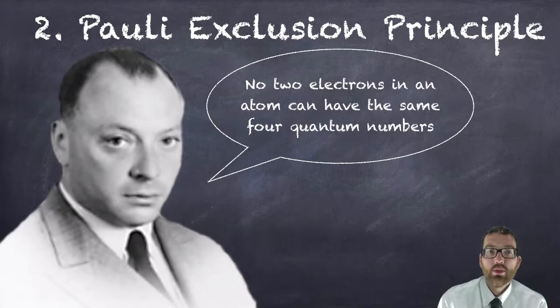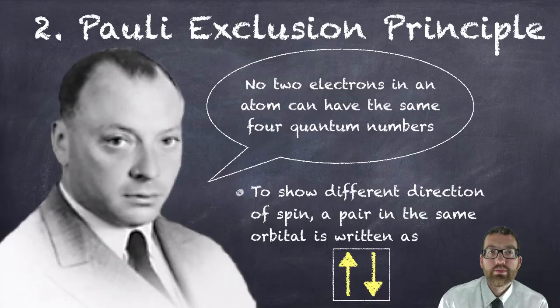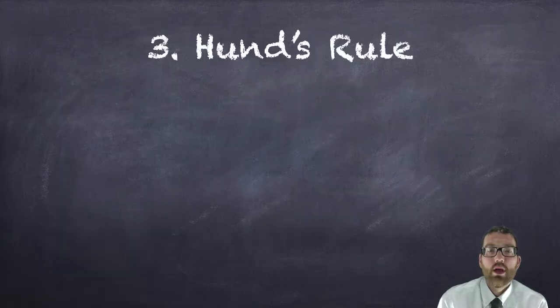We're not going to get into what the 4 quantum numbers are, but if you have 2 electrons in an orbital, to show different direction of spin, a pair of electrons in the same orbital has to be written like this. So in your boxes on your Aufbau diagrams, you draw arrows which represent electrons. And if you have 2 in the same box, you have to show them with 1 arrow going up and 1 arrow going down.